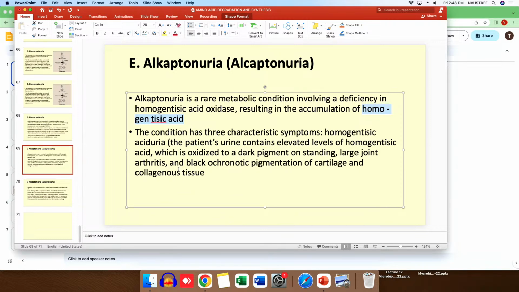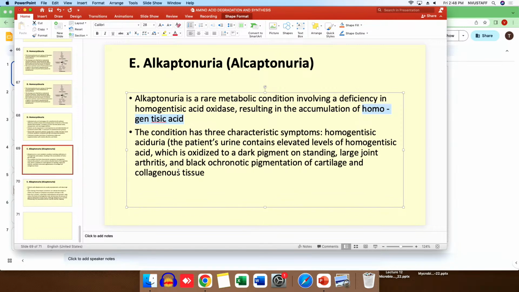Joints will be affected. It means that those patients will most probably visit rheumatologists at some point because they will develop arthritis or arthralgias, with a lot of pigment, homogentisic acid accumulation, inside the joint.